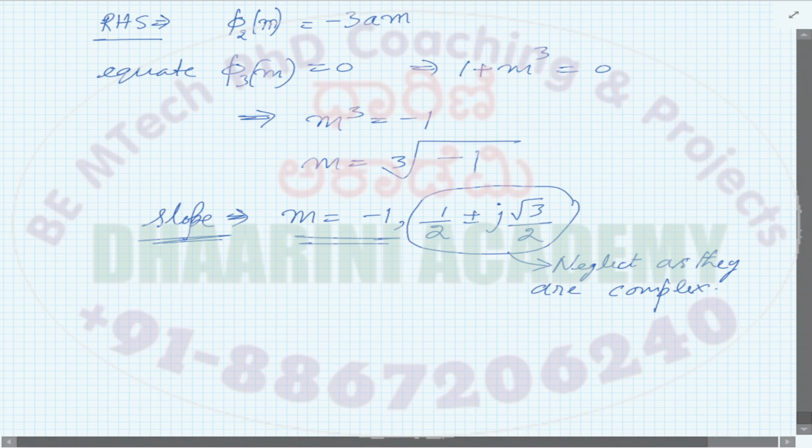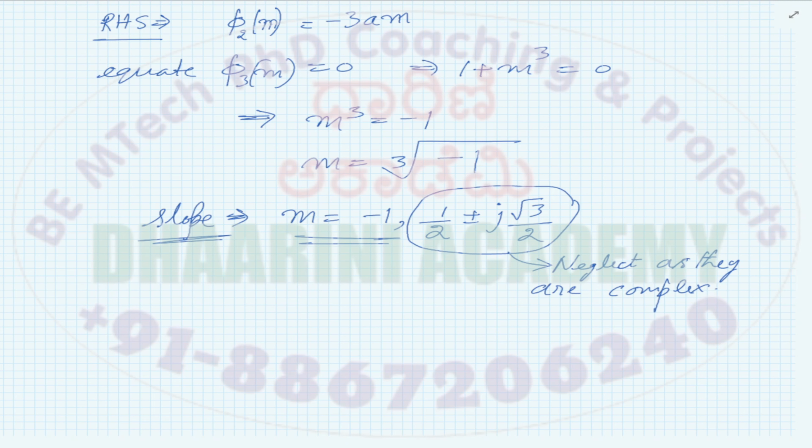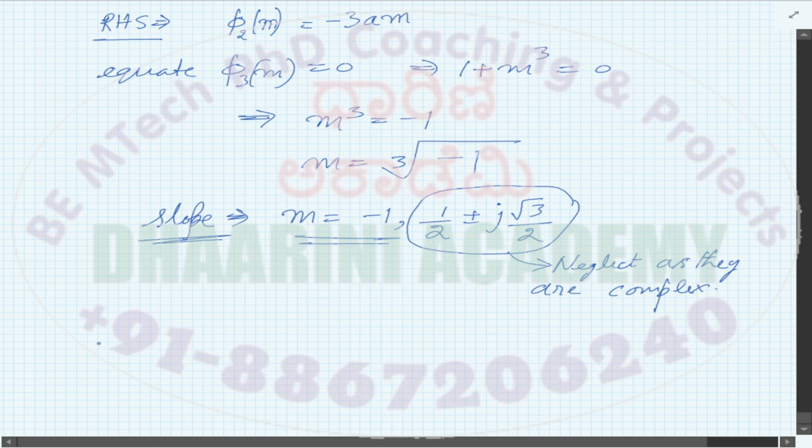So for the straight line y equals mx plus c, I found the m value. To find the y-intercept of the asymptote, this will be the next step.